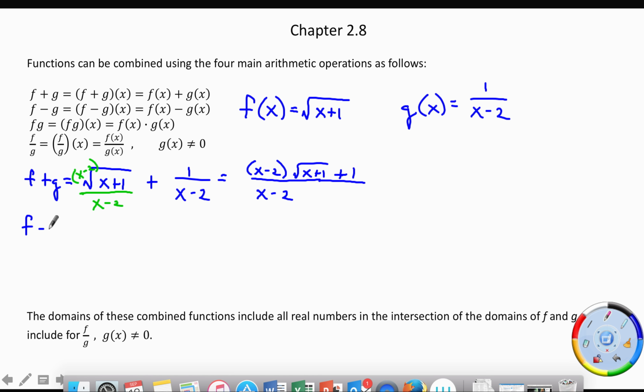Okay, same thing for f minus g, except I would have square root of x plus 1, which is f, minus 1 over x minus 2, which is g. Same thing, if I'm actually going to combine them, I would need a common denominator. Whatever you do to the top, got to do the same thing to the bottom. Once the denominator's the same, that's what it is in the answer.